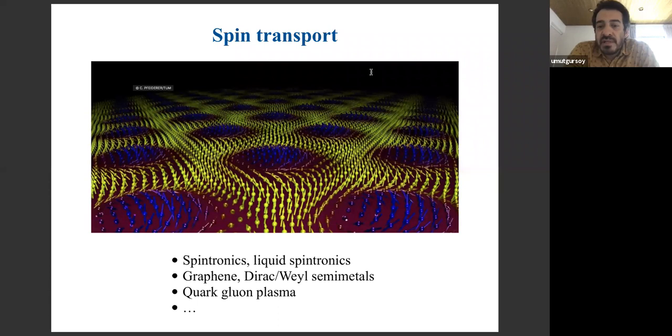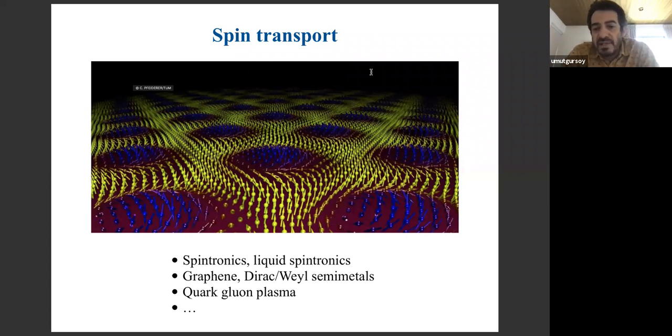Spintronics is based on transport of spin degrees of freedom rather than charge degrees of freedom, and it is extremely important in technological applications, because if you can construct a computer based on spin flow rather than charge flow, then it doesn't heat up. That saves a lot of power, and people often think of it as the future of electronics.